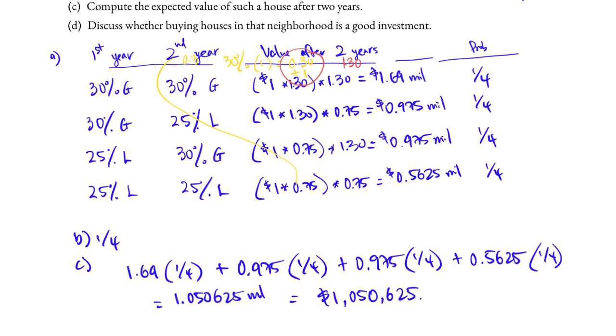But does that contradict part C? We see that the expected value is $1,050,625. Clearly, this is more than 1 million. Well, not quite.